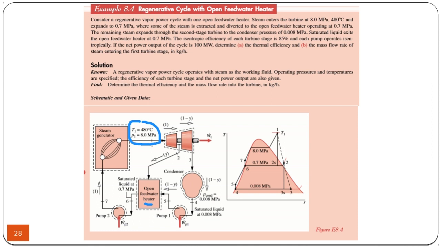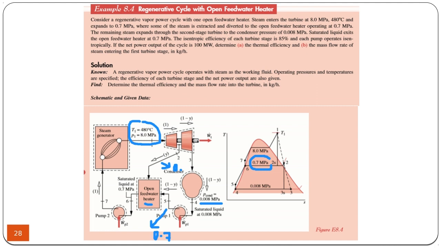condenser, which is at 0.008 megapascal, and it's pumped to the pressure of the intermediate stage of the turbine, which is given as 0.8 megapascal. So the pressure here is 0.8 megapascals, and also the pressure here is the same, 0.8 megapascals.